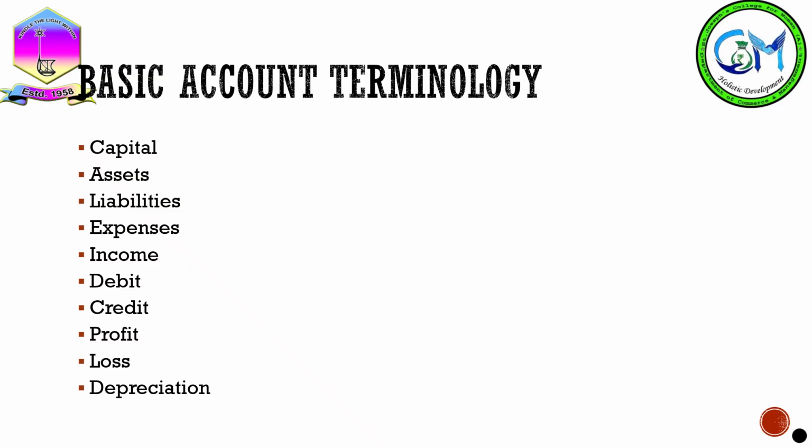Loss. The financial result when total expenses are more than total revenues is called loss. Depreciation. The systematic allocation of the cost of a tangible fixed asset over its useful life is called depreciation.